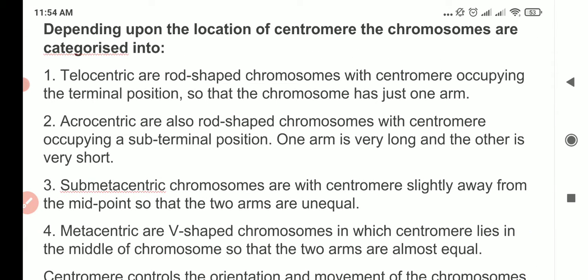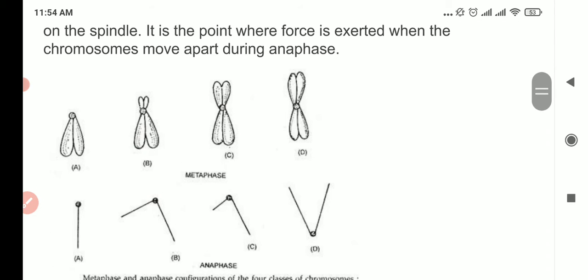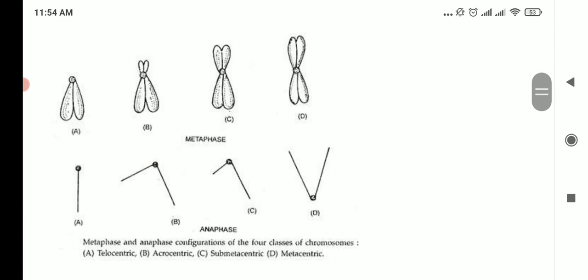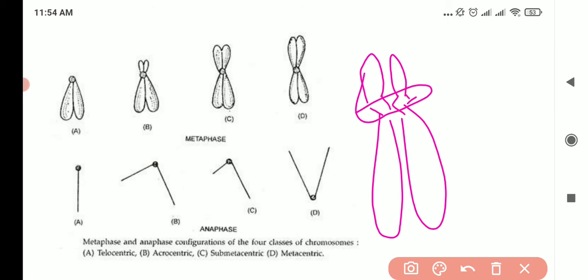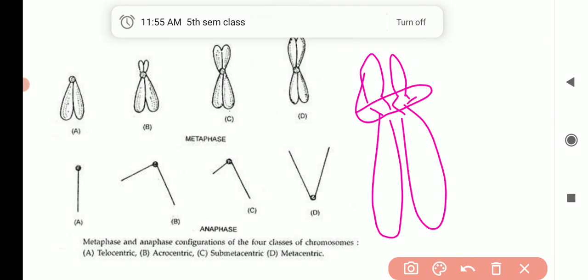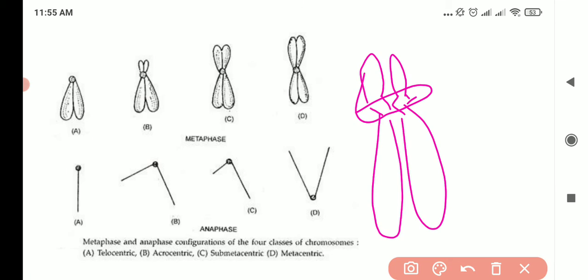Then acrocentric, which is subterminal. If these are the homologous chromosomes, this is the main long arm, but here are the short arms. These are the constrictions. I'm using my finger so I'm not able to draw properly, but it will be somewhere here, not exactly at the tip as for the telocentric, but a little bit near the base.